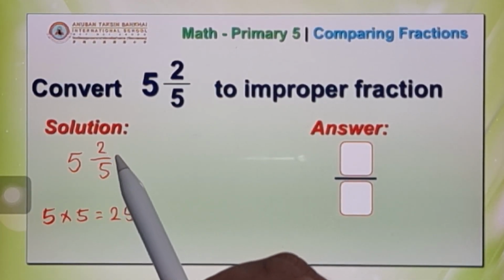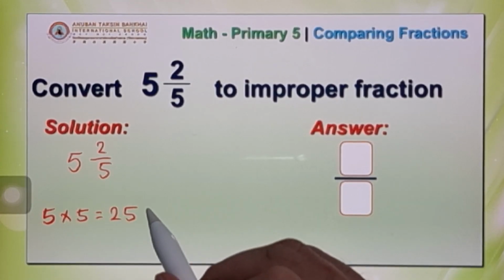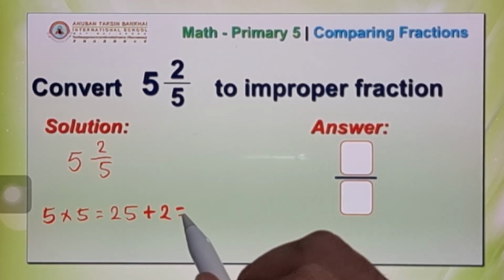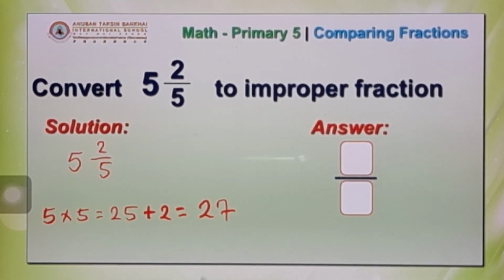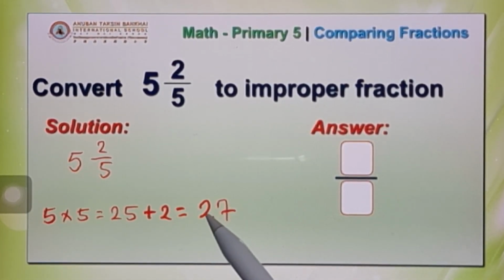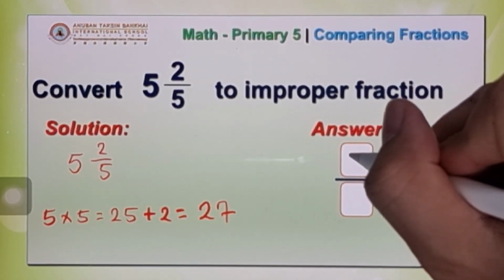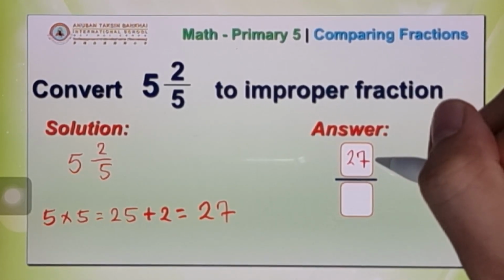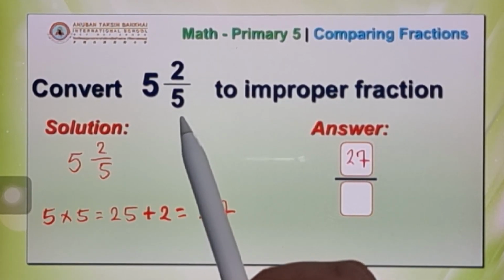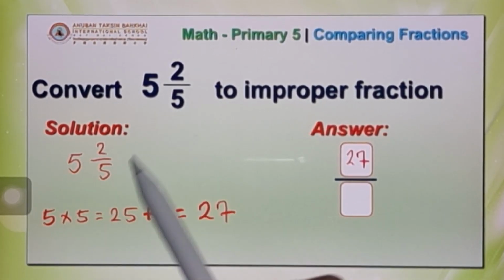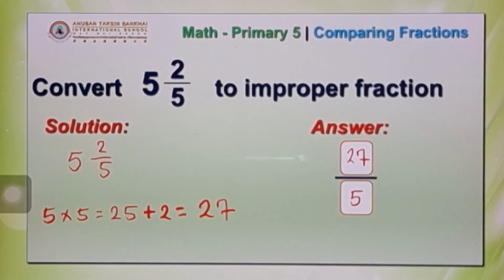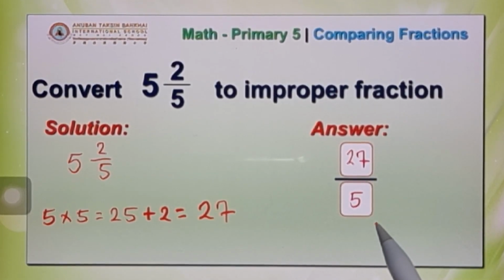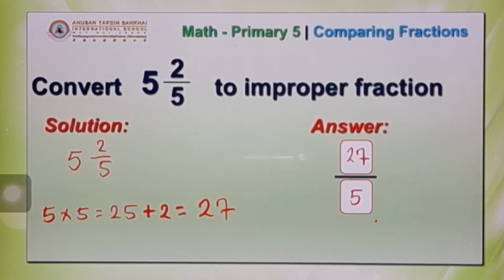And then let's add our numerator, which is 2. So plus 2. Therefore, the answer is 27. Now, since we have our final answer, we're going to write this as our new numerator and then simply copy our denominator, which is 5. So therefore, our final answer is 27 over 5. So this is our answer.